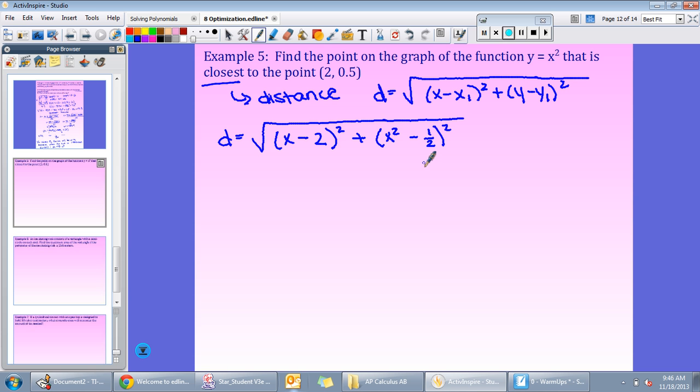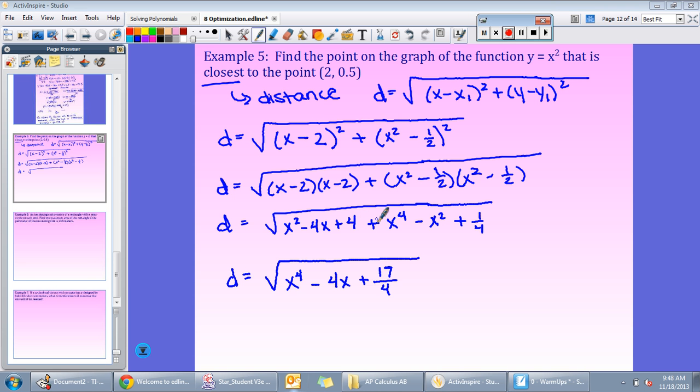What we need to do now is take the derivative, but before I do that, I'm going to square and basically multiply this all out to make our derivative just a little bit easier. Going through all the algebra, you're going to get the distance equation equals the square root of x to the 4th minus 4x plus 17/4.